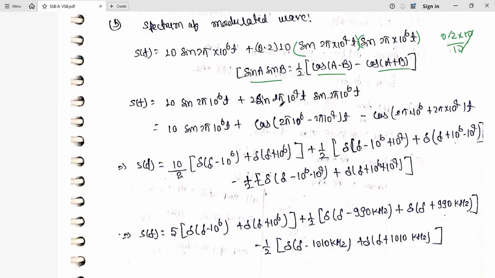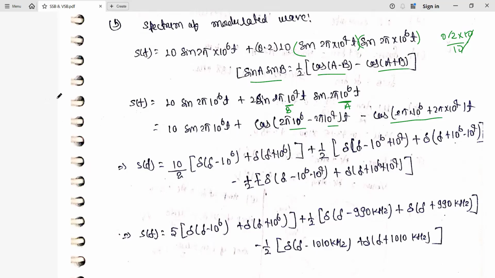So finally here, one frequency we have is 10 to the power 4, another is 10 to the power 6. So A is taken as the higher value, that is 10 to the power 6, and this is the B. So finally we have cos(A minus B) here, and minus cos(A plus B). So now we have three terms, and for this we need to obtain the Fourier transform.